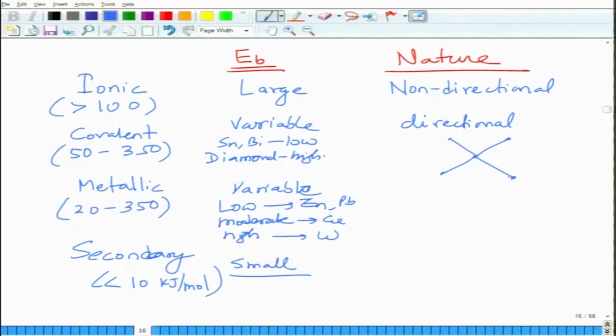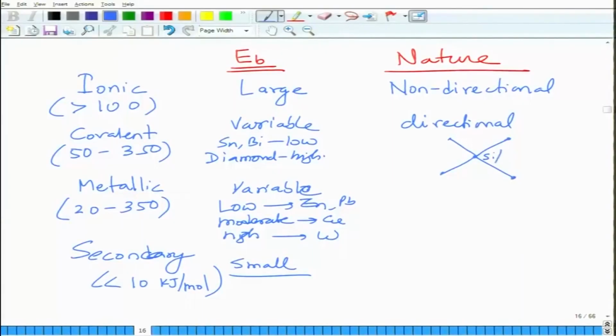As a result of maintaining these 4 bonds, it has to follow a certain geometrical framework, and that is why covalent bonds are very directional in nature. This is silicon or carbon, for example. You will typically see this in ceramics, as well as in semiconductors. Metals, of course, are non-directional.